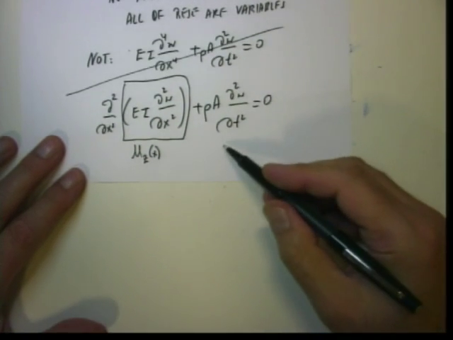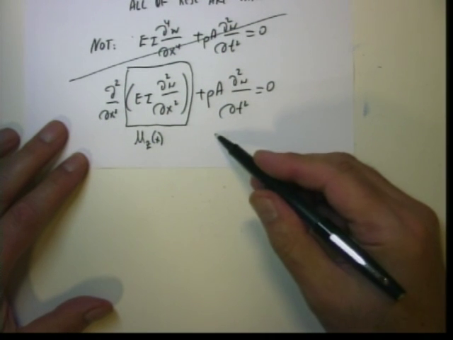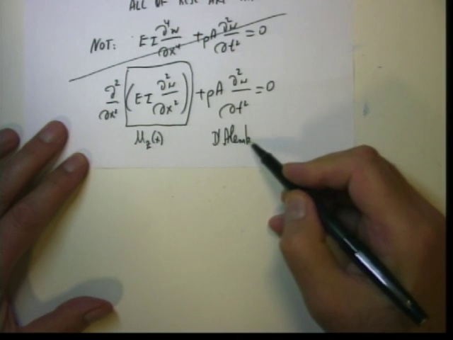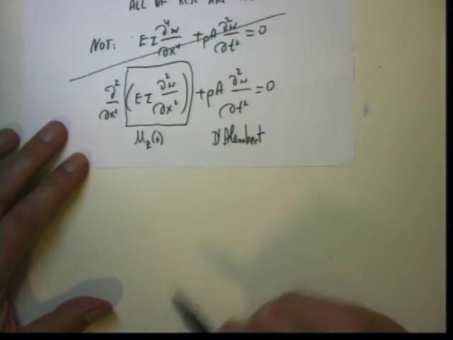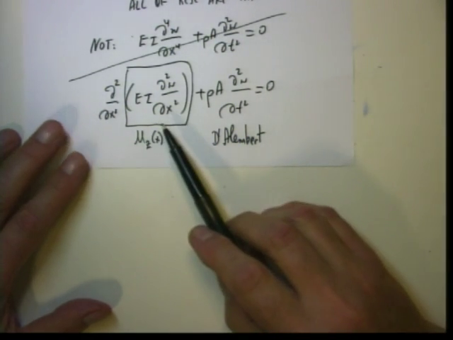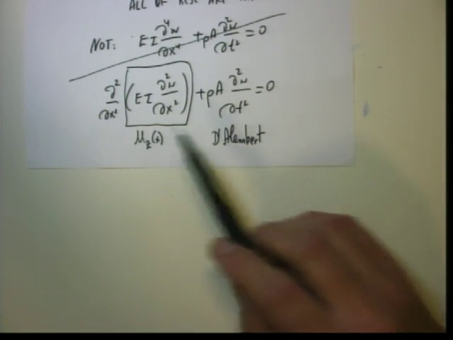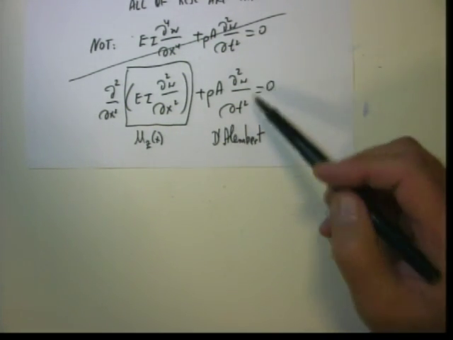Okay, so this term actually belongs to a Frenchman, D'Alembert, 19th century. He says, from static equations, you can make dynamic equations if you add inertial terms.